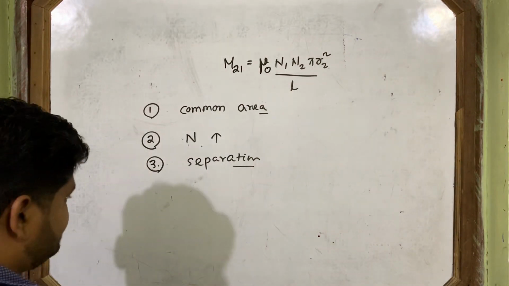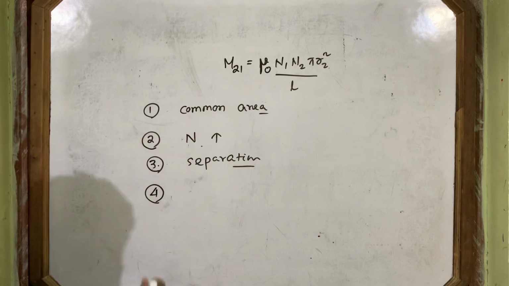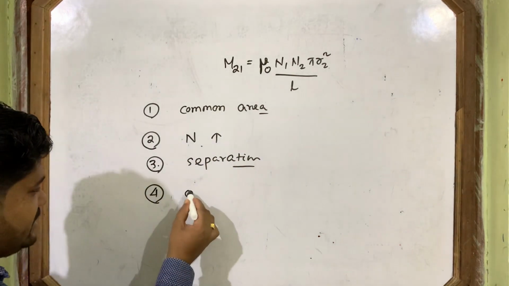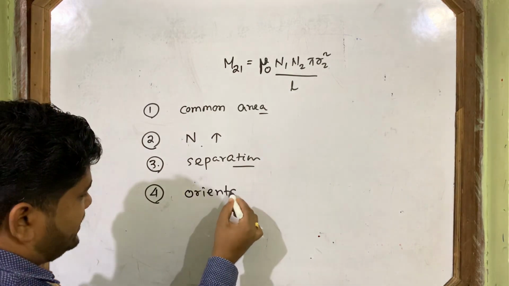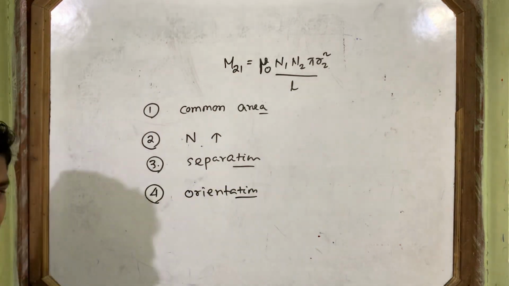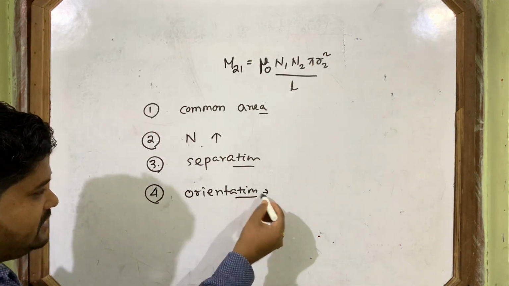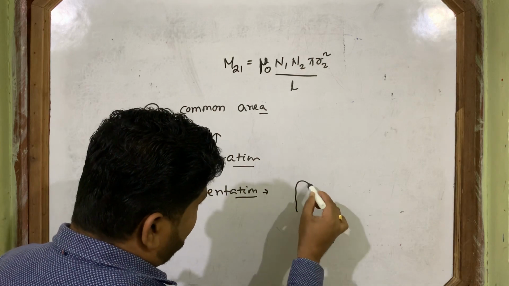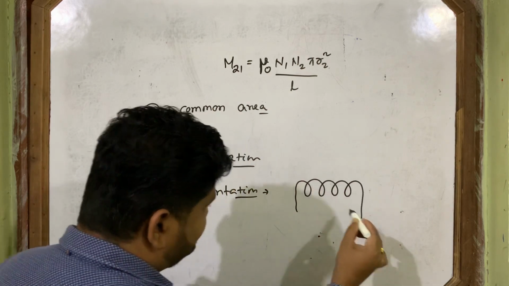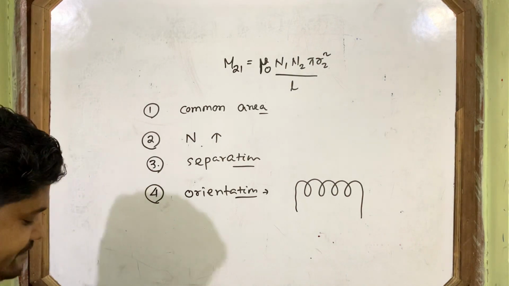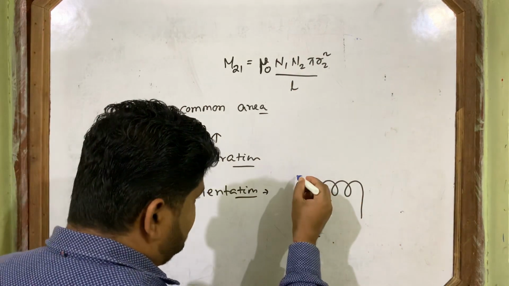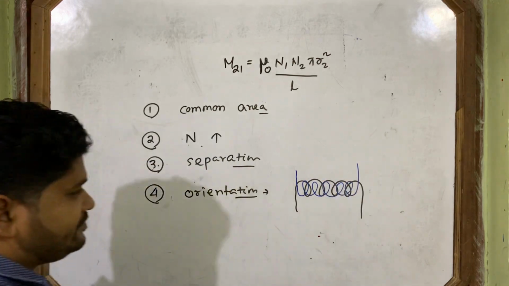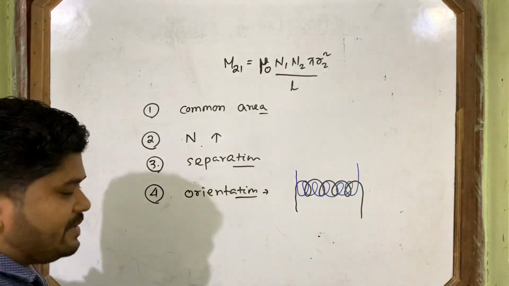So point number 4: relative orientation of the coils. Orientation of the coils matters. Suppose the coils are oriented like this. This is one orientation, where the coil is placed as if they have the same area of cross section.